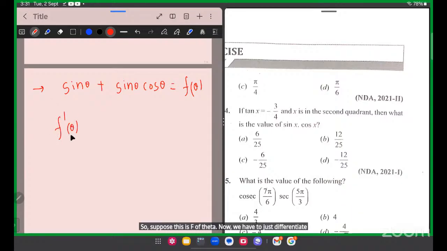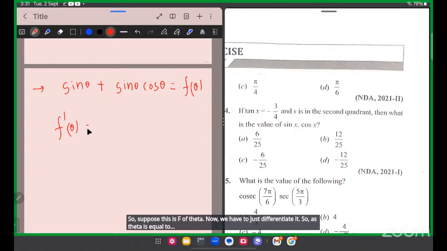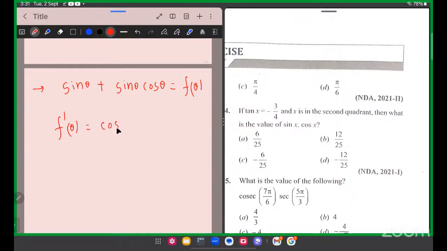So f dash theta is equal to cos theta into, this can be written as sine theta plus sine 2 theta by 2. Yes or no?